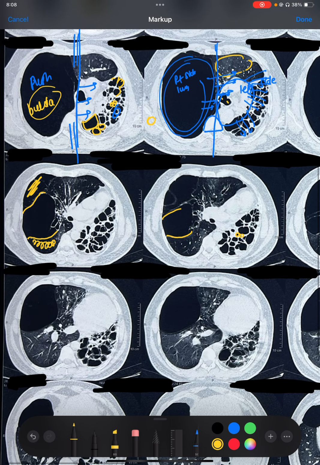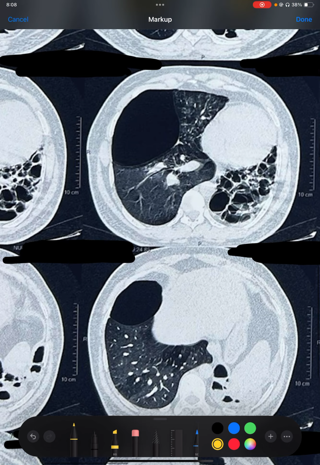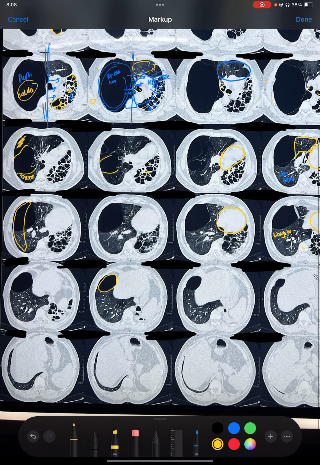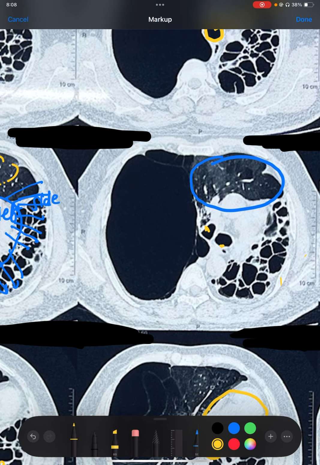So if it would have been pneumothorax, this air must have spread completely like this, and it should have pushed the lung and it would have caused collapse. But here, we can very easily notice that the lung margin is there. So this is not a pneumothorax. In fact, it is a large emphysematous bulla.